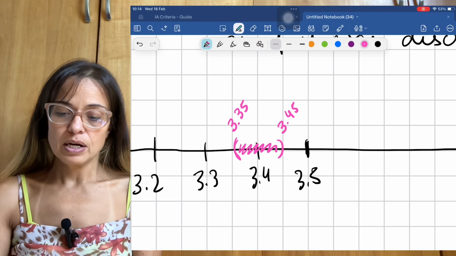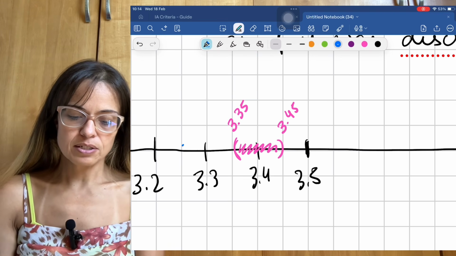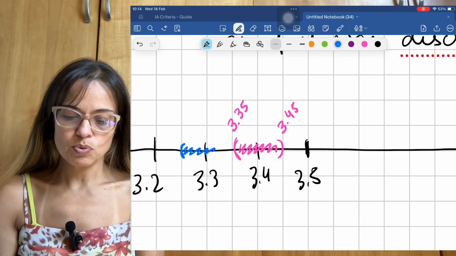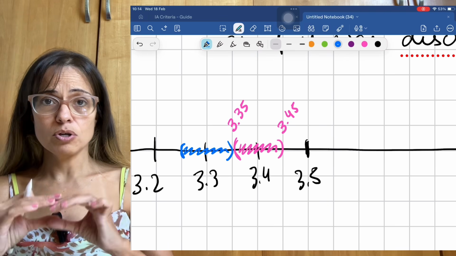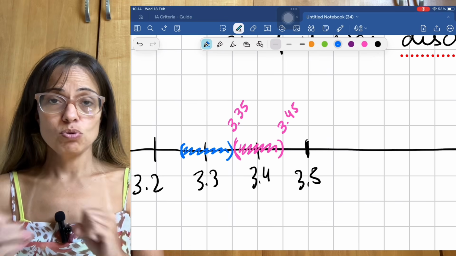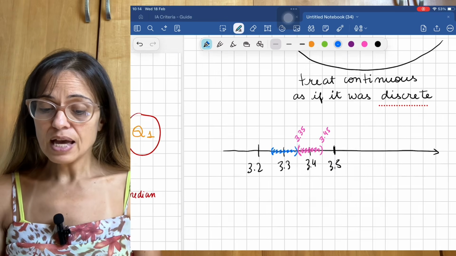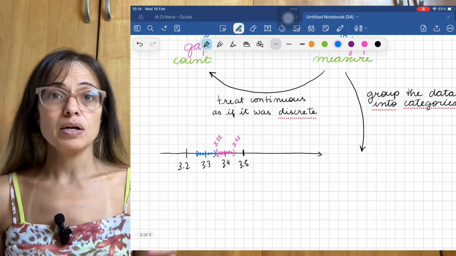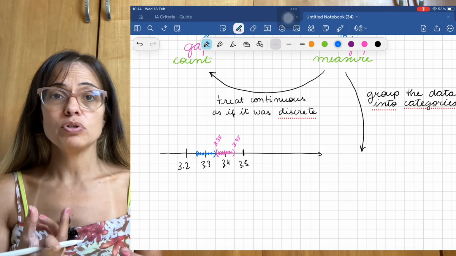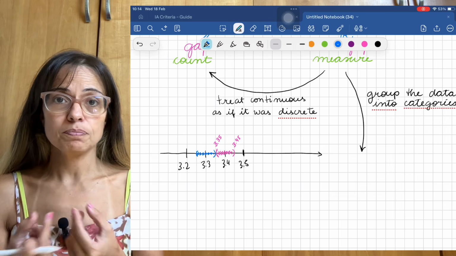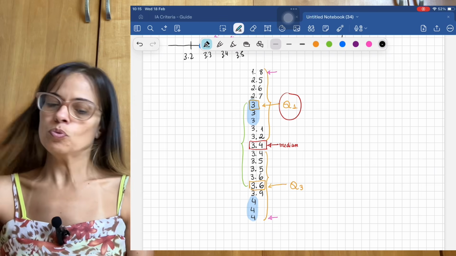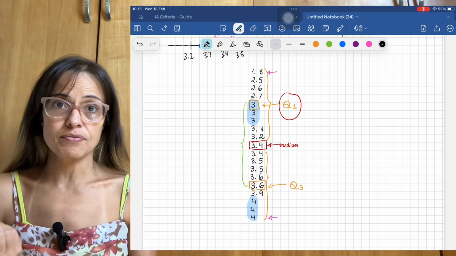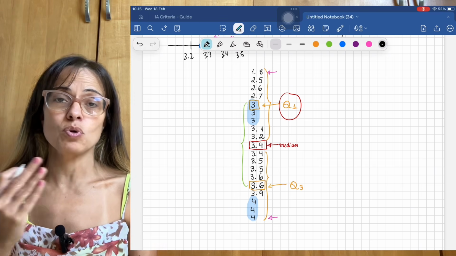So that would be a category. And that's another category right next to it right here. So when we round the numbers, we are grouping the continuous numbers into categories, but that doesn't need to be done by rounding. The categories don't need to be that narrow. For our data set, I think that it would make sense to group them into spaces of half a centimeter, like from 1 to 1.5.